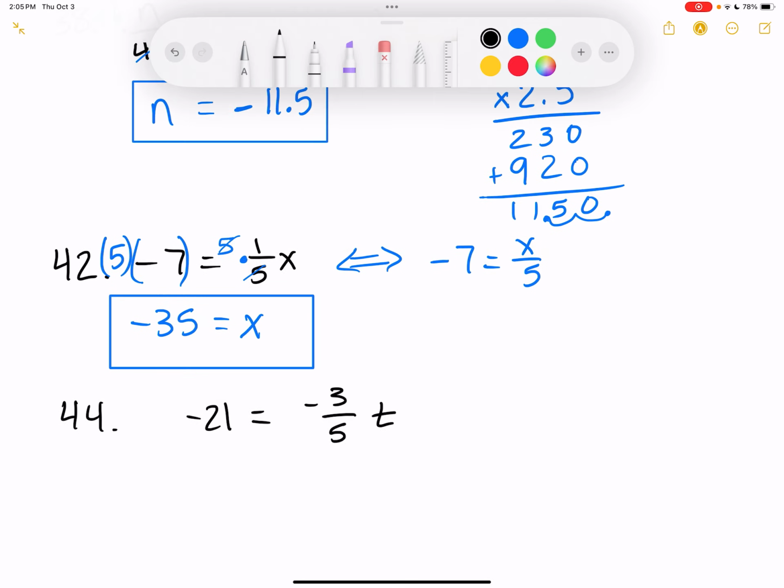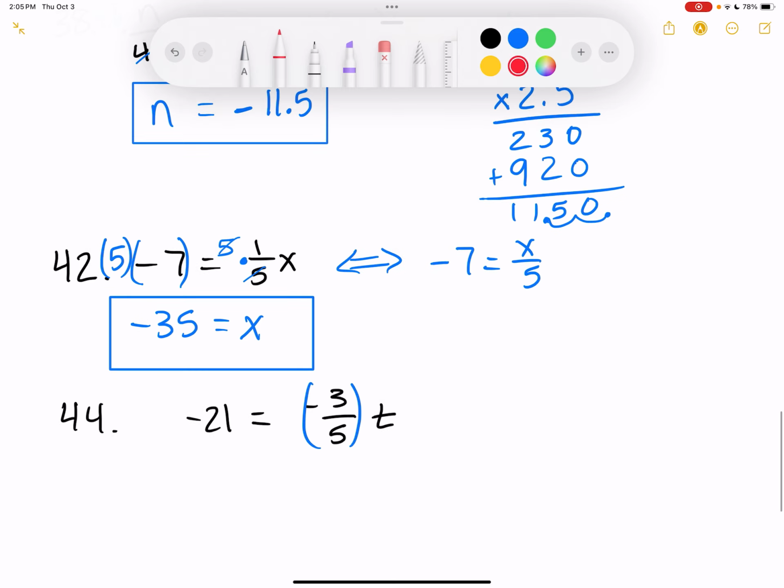So I have a negative 3 over 5 being multiplied by t. I need to get rid of it on that side. To do that, I need to multiply by its multiplicative inverse. Okay, I need to flip the fraction to multiply it so that things cancel. So it's going to multiply by a negative 5 over 3.